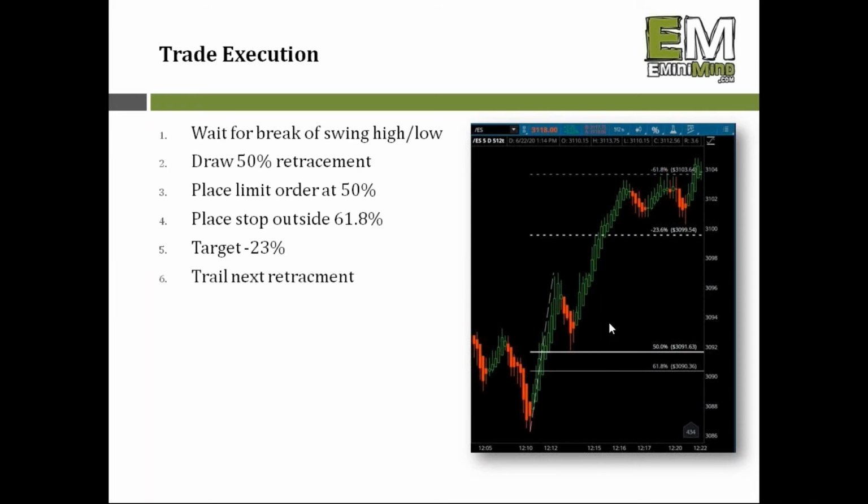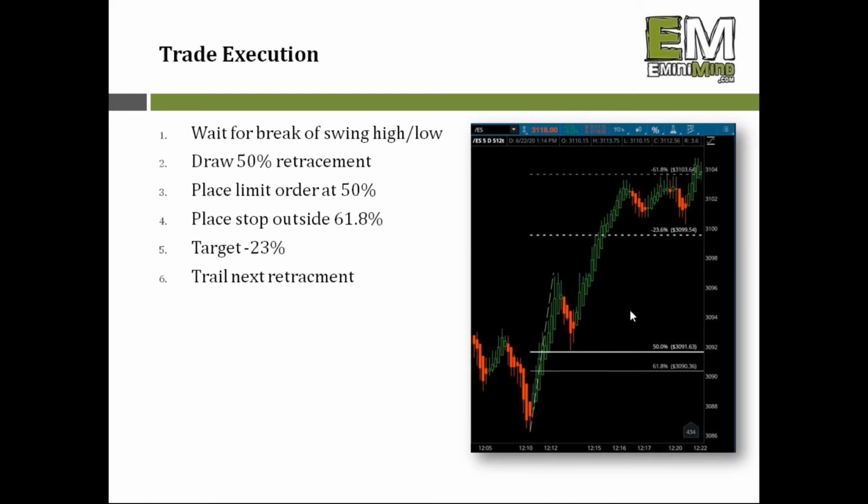And then from there, it's just a matter of trailing the next retracement. So in this situation, you can already see, okay, we changed trend, and then we pulled back to the 50, and then we just took off and started screaming higher. Well, if we eyeball it, we can already tell that a 50% retracement is not going to touch over here.